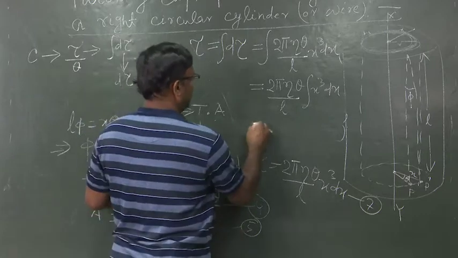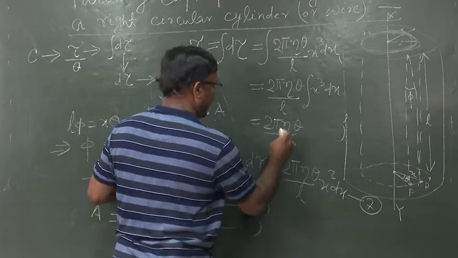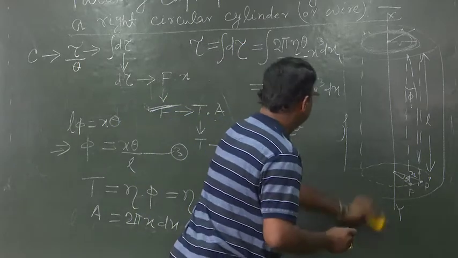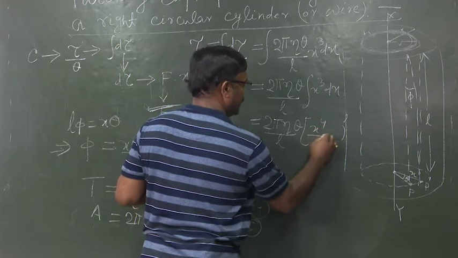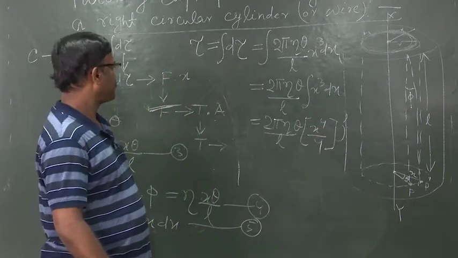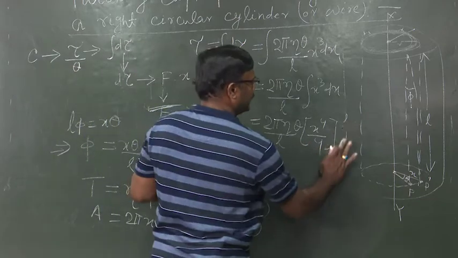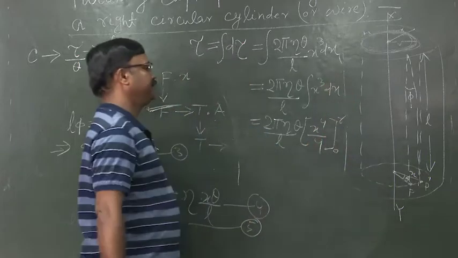So this equation reduces to 2 pi eta theta by L, and within the integration it is x cube dx, which becomes 2 pi eta theta by L, and the integration becomes x4 by 4. And the limit of integration will be from 0 to r.